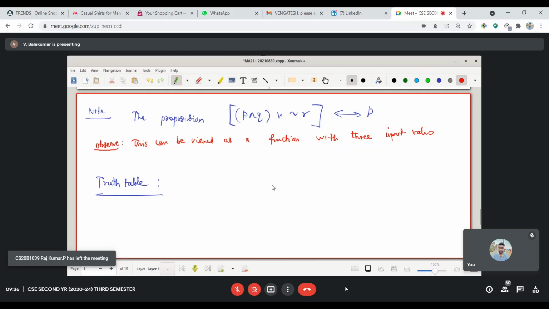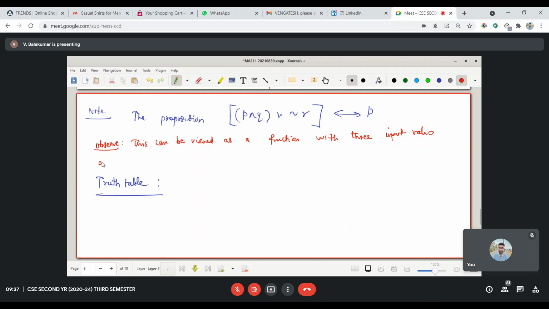Can somebody tell me what is the domain for this function? This is a proposition. You will write the truth table, whatever you have done already at school level also. Now suppose I write this as a function, can you give me the domain of that? Quick. I need the domain of this propositional function. Can somebody try that?